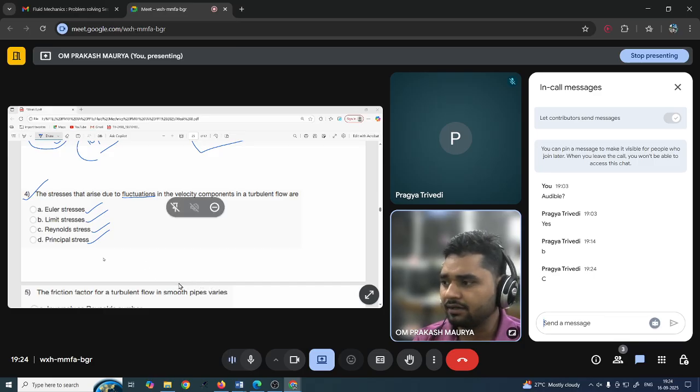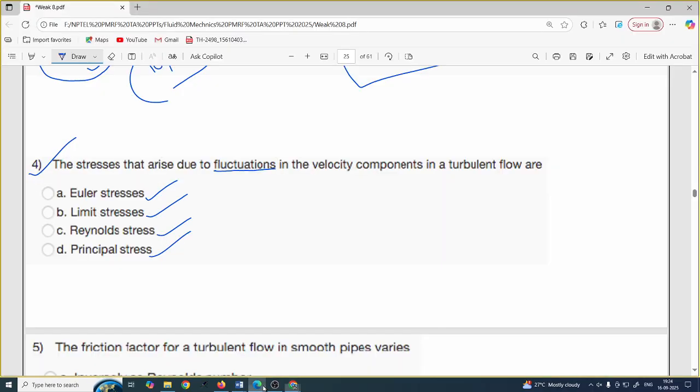Okay, option C you are telling, Reynolds stress. Very good. Yes, option C will be correct, but how and what is this?